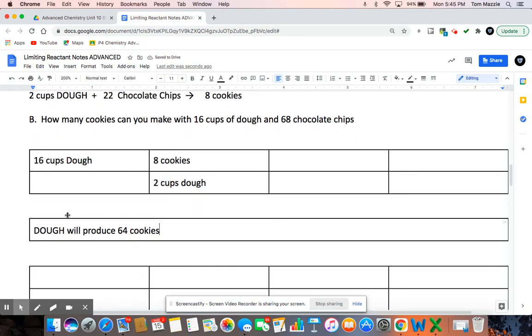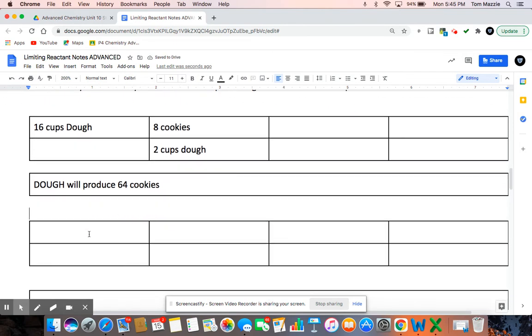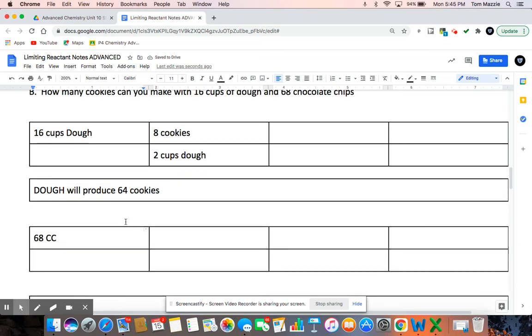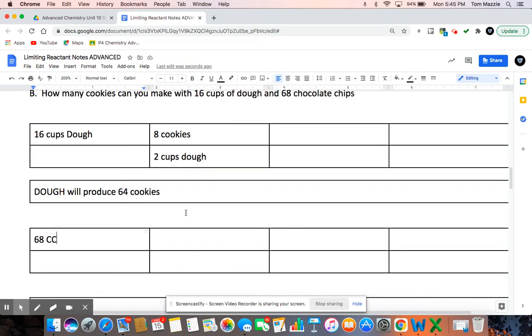Now that's great, but we've got to see what the chocolate chips will make. So we have 68. I'm just going to put CC for chocolate chips. In our equation, it says 22 chocolate chips makes 8 cookies. So we're going to put 22 chocolate chips on the bottom to get those to cancel out. And we are going to make 8 cookies from that.